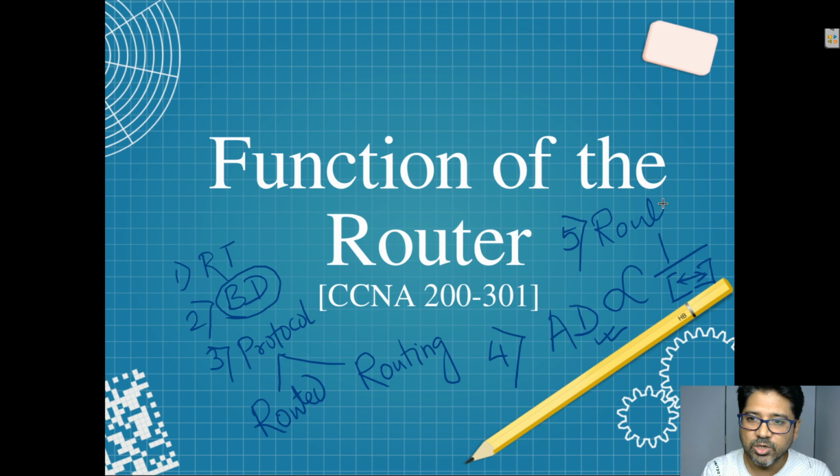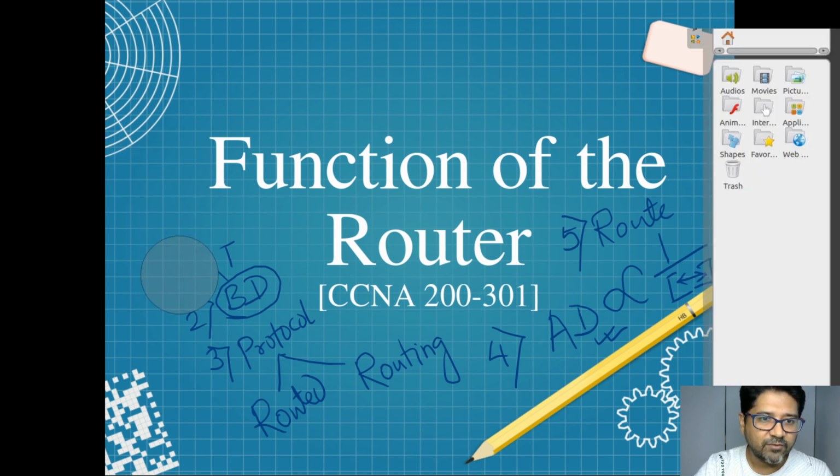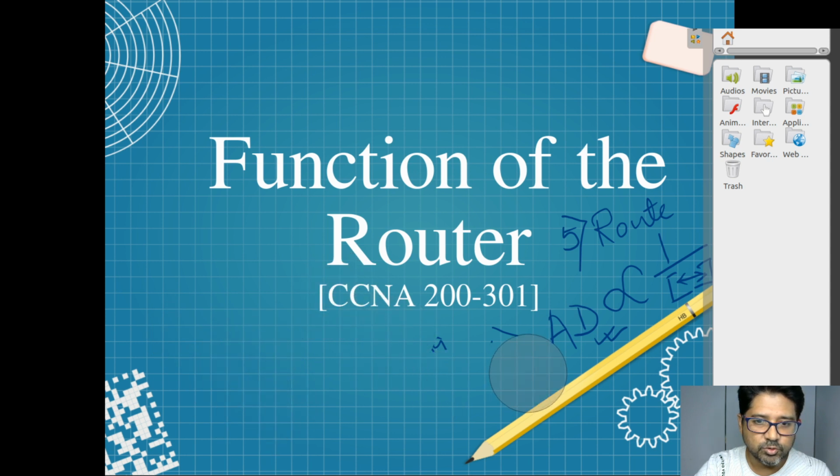So in the route selection process, we will see the 4 methods it follows when it selects the route and proceeds with the installation of the route in the routing table. So let's quickly discuss all these 5 functions of the router.